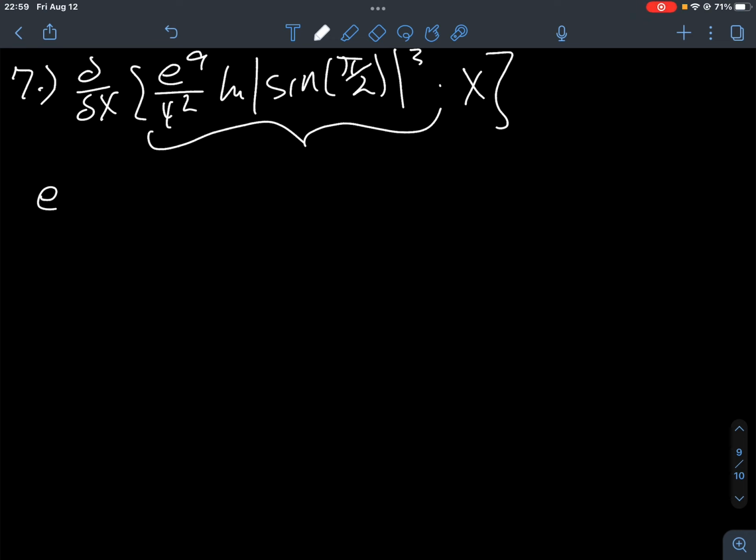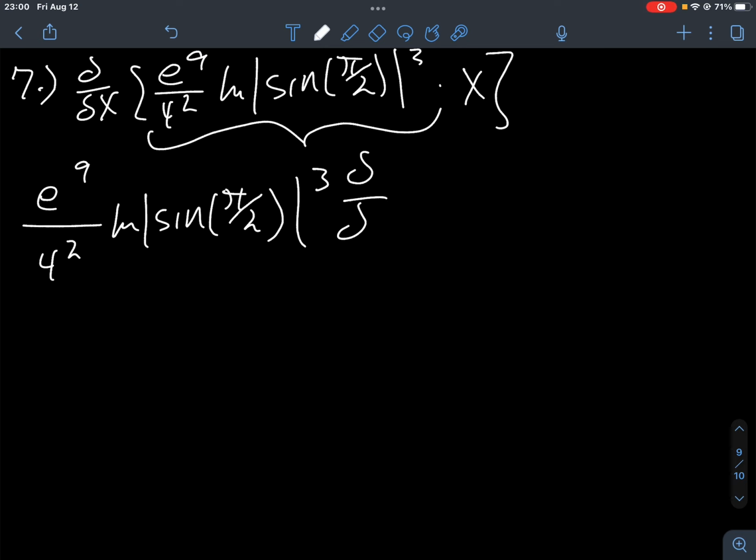So that's just going to be on the outside. E to the 9th over 4 squared ln of sine of pi halves cubed times the derivative of a lonely x. Okay, so what's the derivative of x?